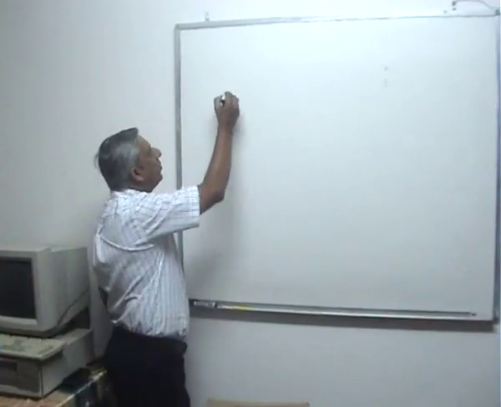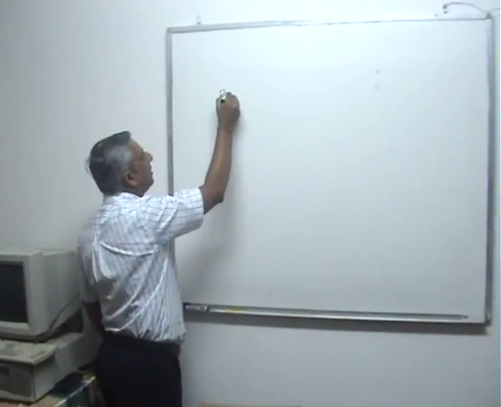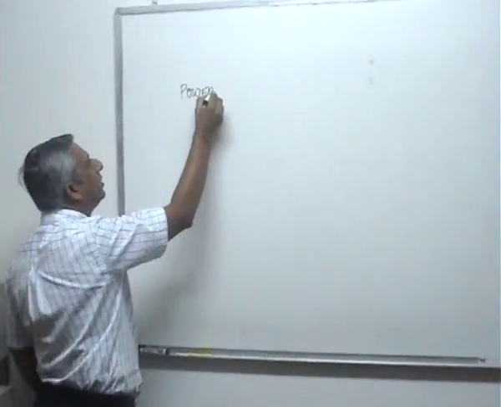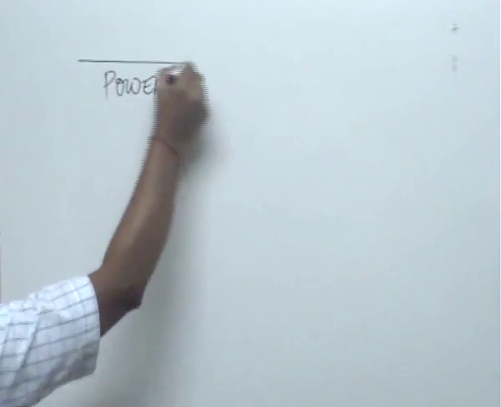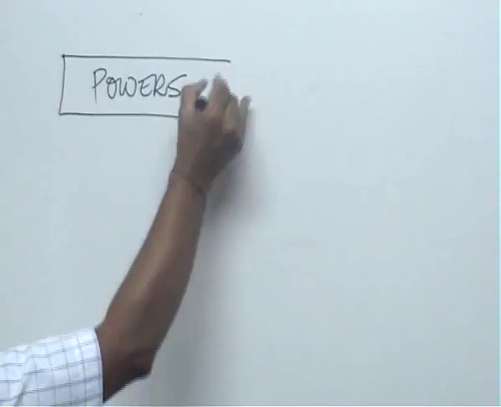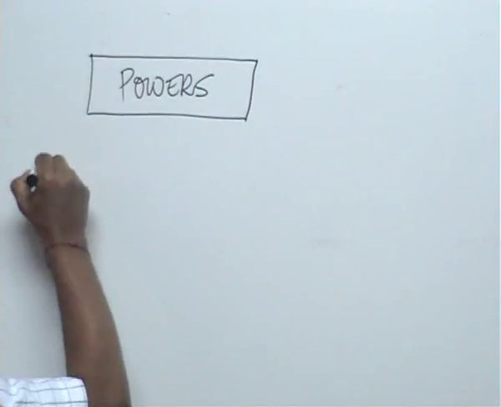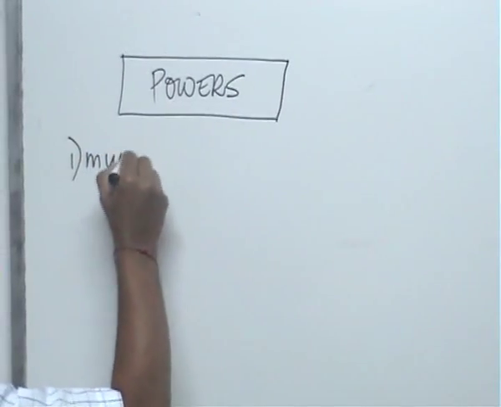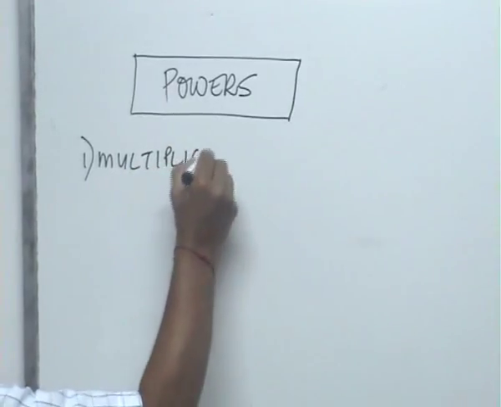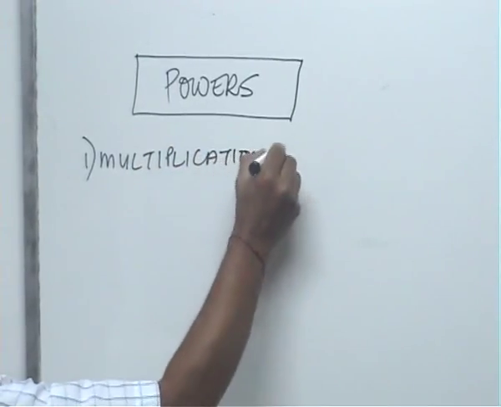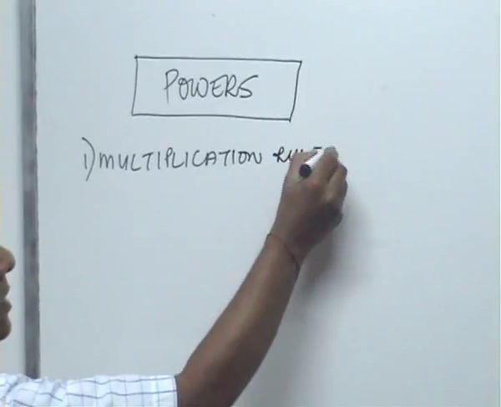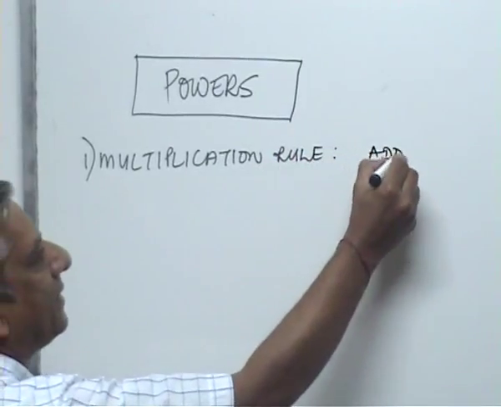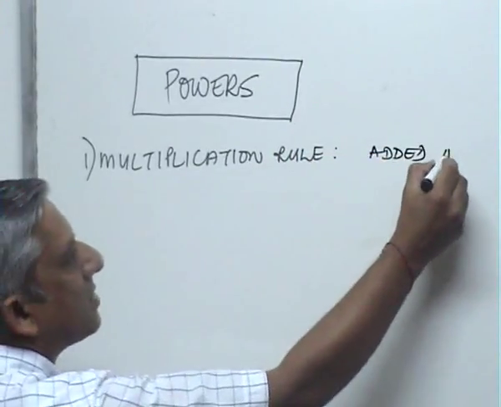Alright, now we're moving on to another section, or at least another rule, still dealing with powers. So earlier on you learnt the multiplication rule. Number 1, the multiplication rule, where you added the indices.